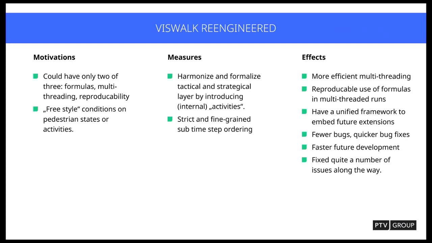And then it was also sometimes a bit difficult to explain when which conditions or states of motion were computed, and that has been formalized with this re-engineering as well. So what has been introduced in our source code is a formal and strict layer of activities.